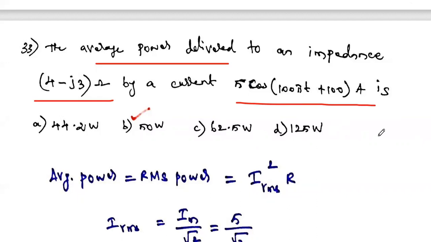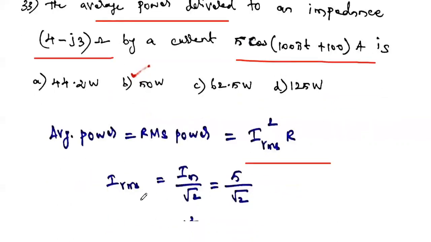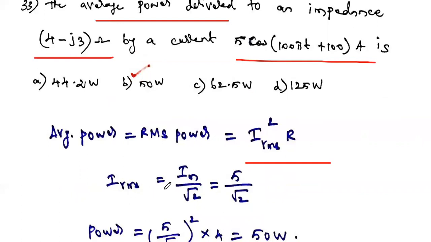You know the formula: the average power is nothing but IRMS squared into R, where the root mean square current is nothing but Im divided by √2, where Im is the amplitude of the current I.